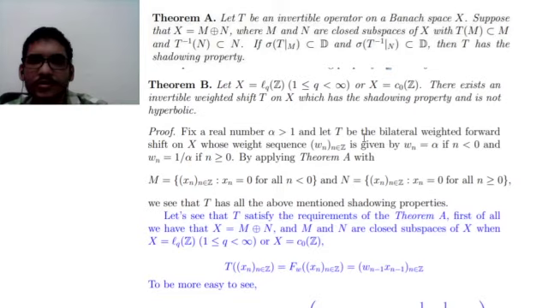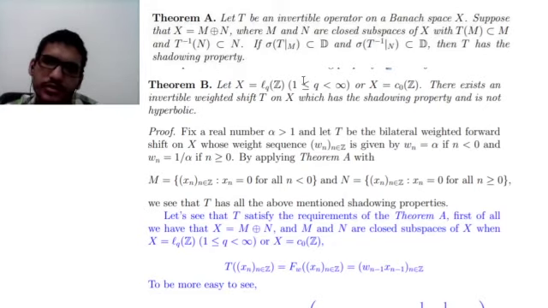Okay, now we are going to prove Theorem B using Theorem A. Let X be equal to l^q of C with q greater than or equal to 1 and finite, or X equal to c0.